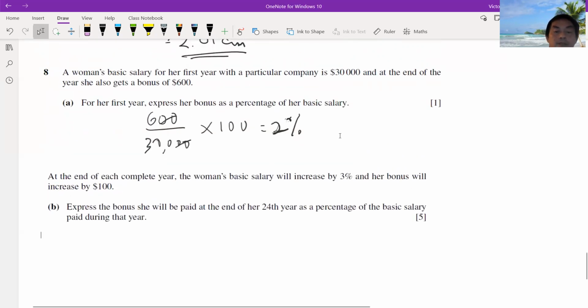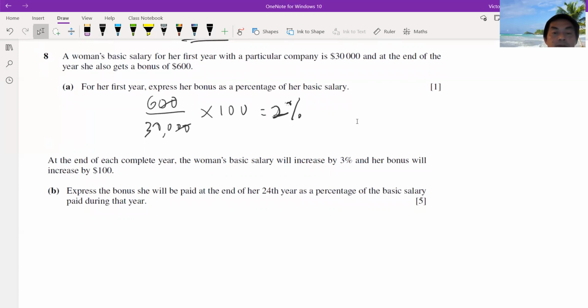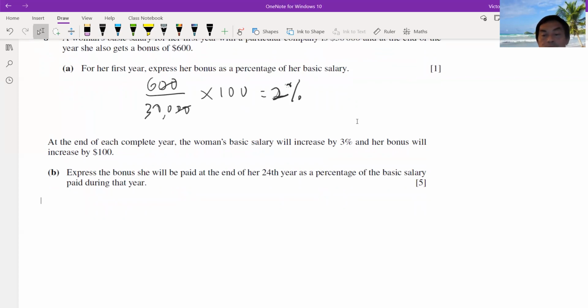At the end of each complete year, the basic salary will increase by 3% and the bonus will increase by 100. Find the bonus she will be paid at the end of the 24th year. So the bonus is increased by 100 each year, so this will be an arithmetic progression, and the 24th year will be the 24th term.